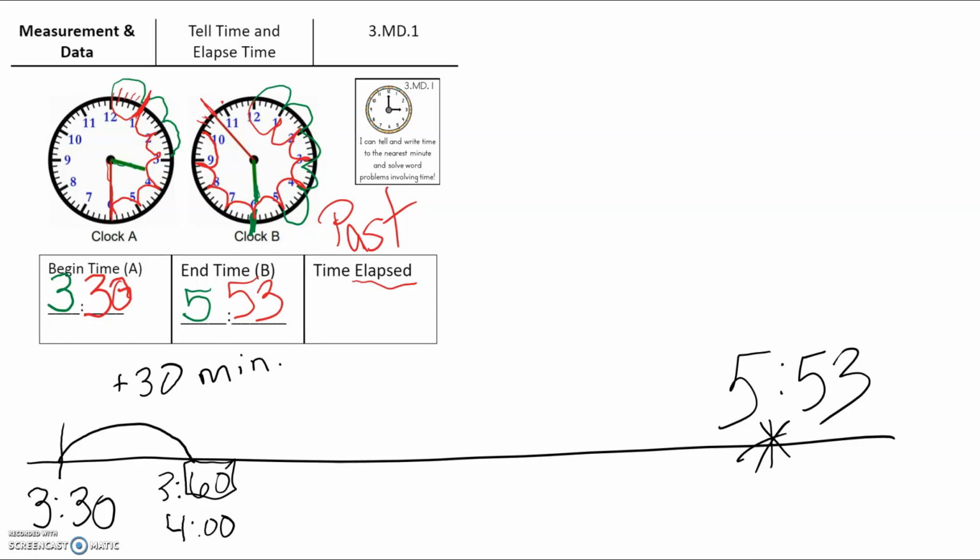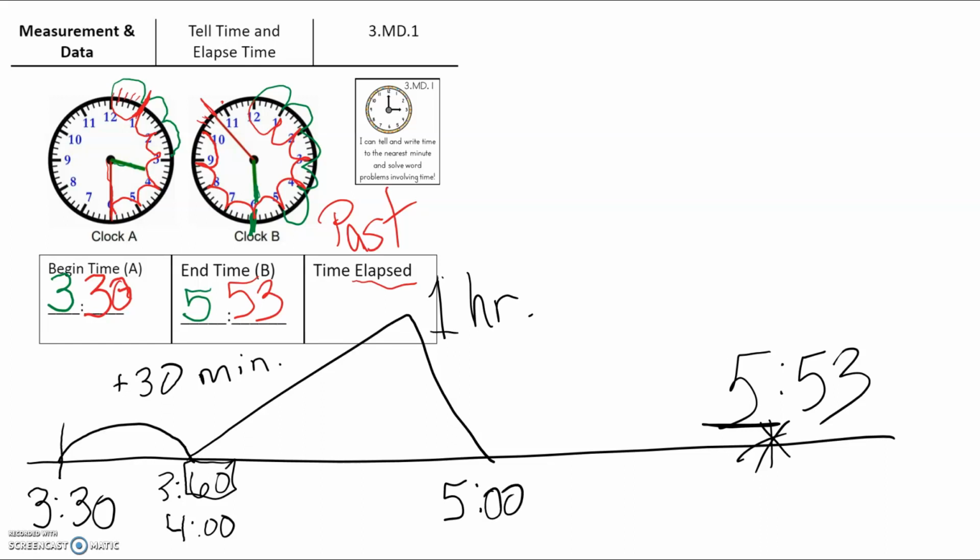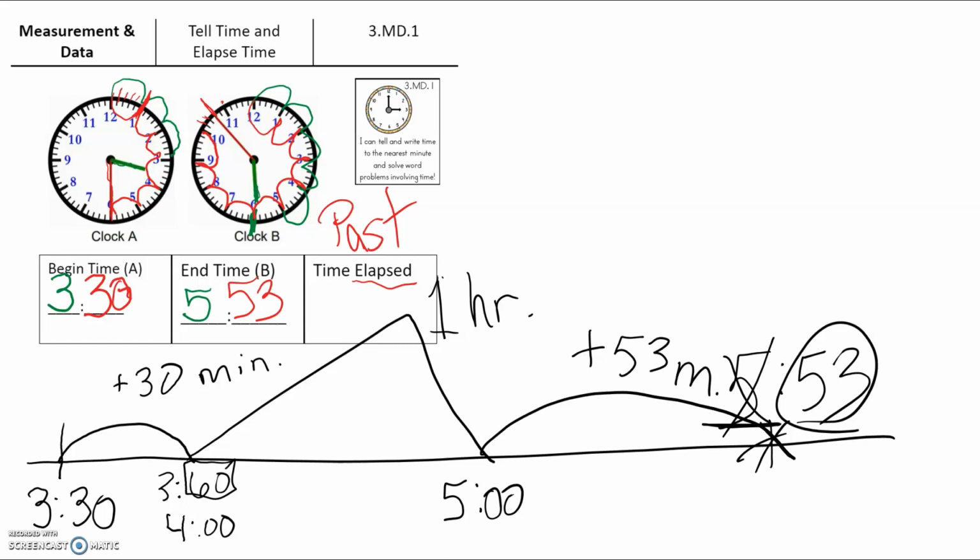So we have 30 minutes. We're at 4. I need to get to 5, so I can go whoop, 1 big hour. I like to do what I call the mountains. 1 hour, and that will make it 5 o'clock. And now look, now we've got our 5 o'clock. What we need next is the 53 minutes, so I can simply add 53 minutes.